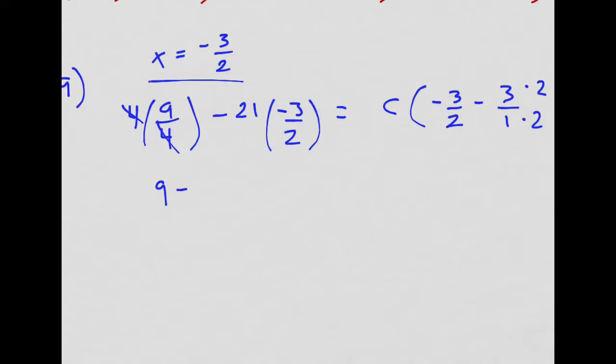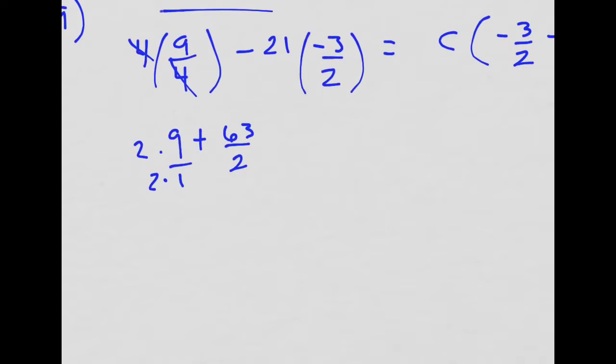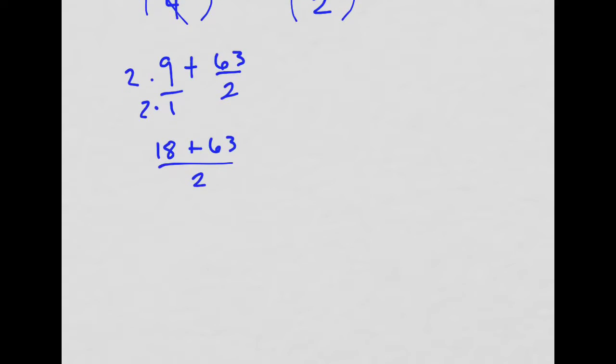So this is 21 times 3, and that'll be plus 63 over 2. And then times 2 times 2. This is 18 plus 63, all that divided by 2. That is 81 divided by 2.